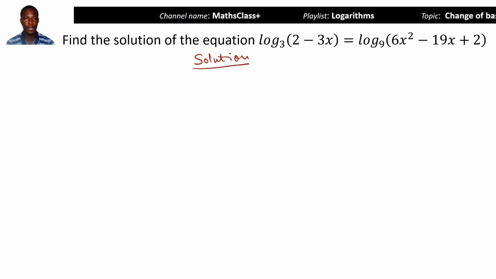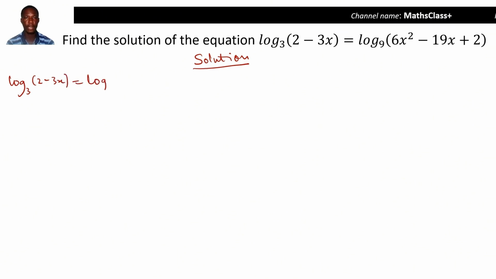So we have the expression as log to the base 3 of 2 minus 3x, and this is equal to log to the base 9 of an expression in brackets 6x squared minus 19x plus 2.